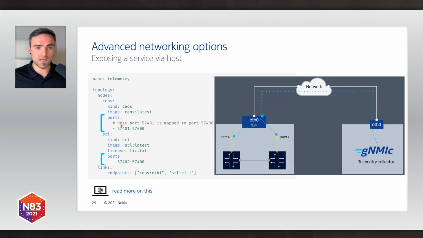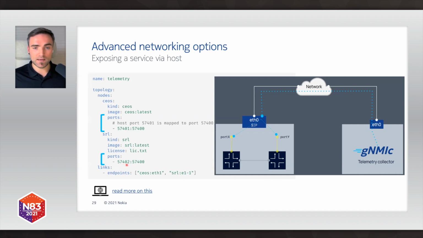So I basically say my CEOS node will expose port 57400 as port 57401 on the host, and the SR Linux will expose port 57400 as port 57402.